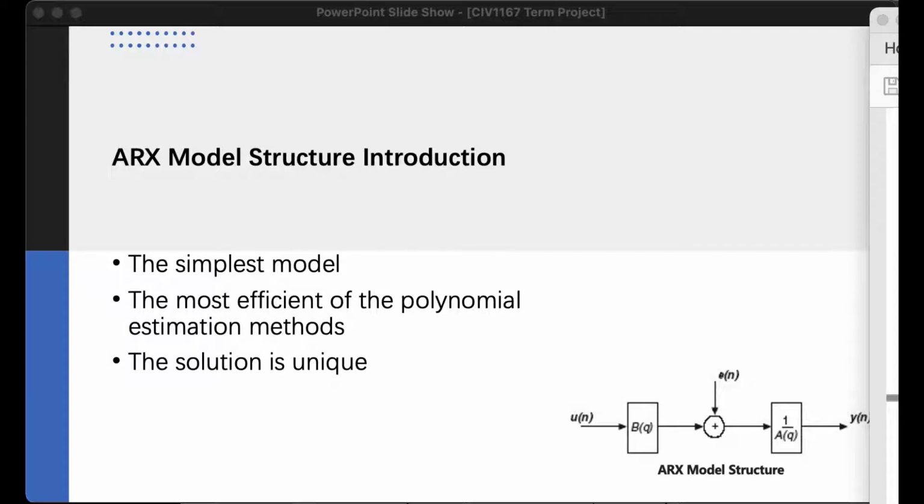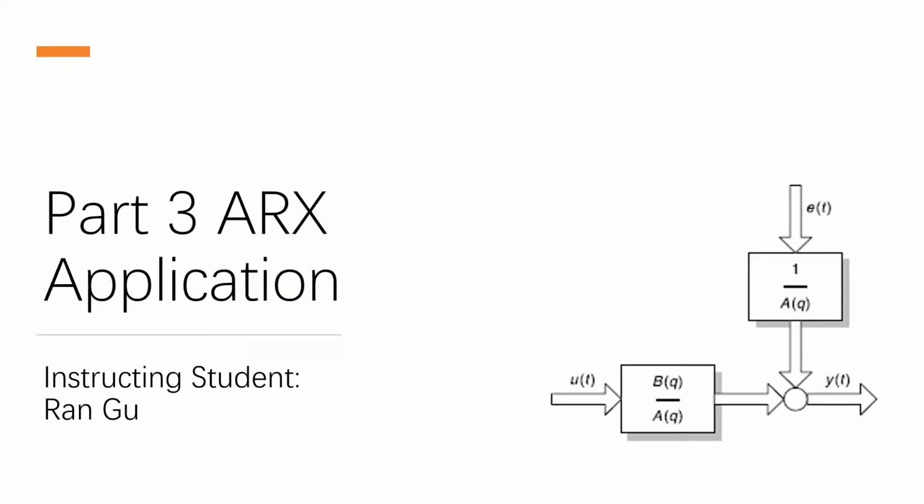Okay. Hi everyone, my name is Rangu and I'm going to introduce the rest of the lecture. An example is demonstrated in this part. A four-story shear building is idealized into a multi-degree of freedom linear elastic dynamic system. For the first step, the model is analyzed by the general response of a linear elastic system.